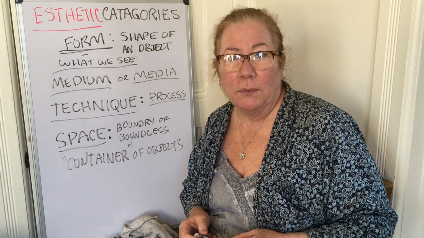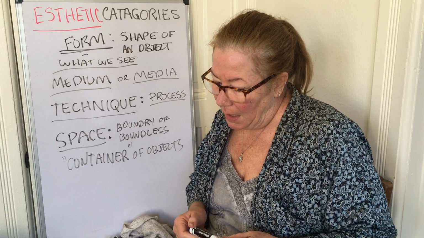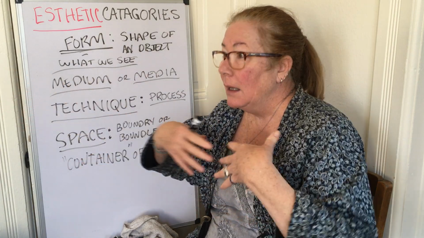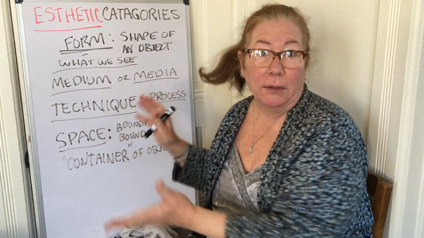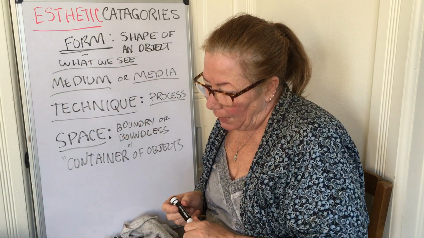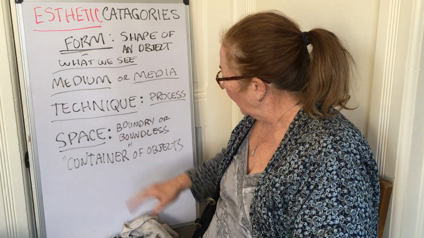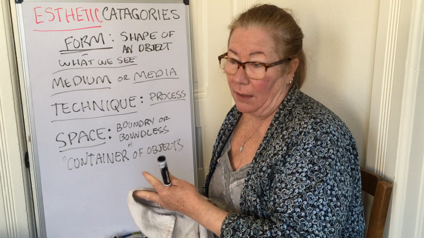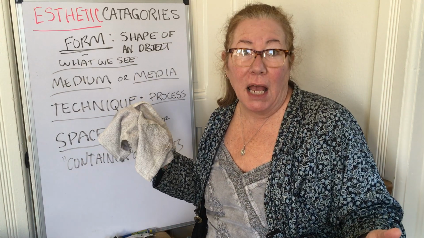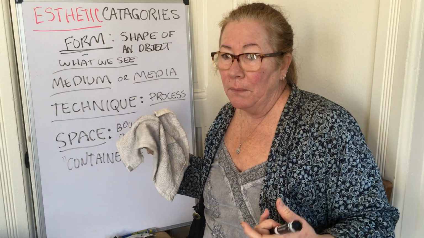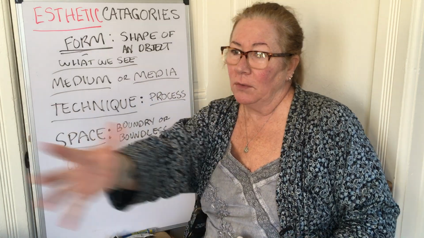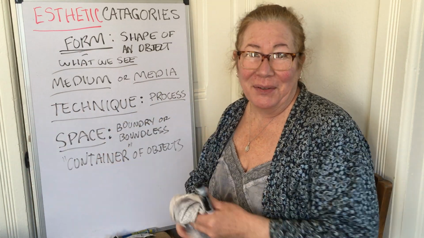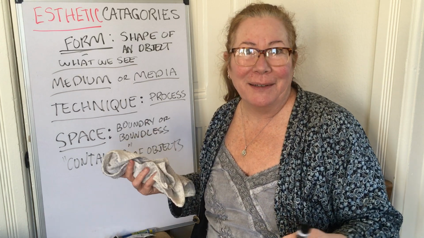So if it looks like it's three-dimensional, it's an illusion. And so that's creating this sense of space in this two-dimensional painting, right? So space is kind of either a boundary or boundless area. It's kind of the space surrounding us. If I'm sitting in this room, I've got space surrounding me, but then the room is bounded by walls, right? So there's this limited space in a room.